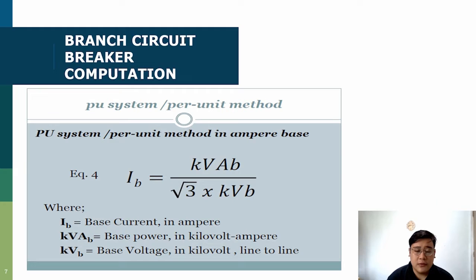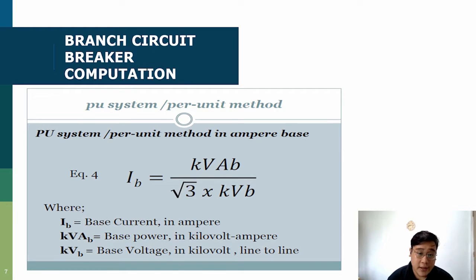So, next, itong formula na ito, kailangan natin i-keep in mind dahil ito yung puso ng computation natin, which is the base current is equal to base power over square root of 3 multiplied by base voltage. So, kung nagtataka kayo, bakit meron square root of 3? Dahil nga po, 3-phase. Ang reference ko po dito is the Electrical Design Analysis, Voltage Drop, and Short Circuit Calculations by Alcasabas.